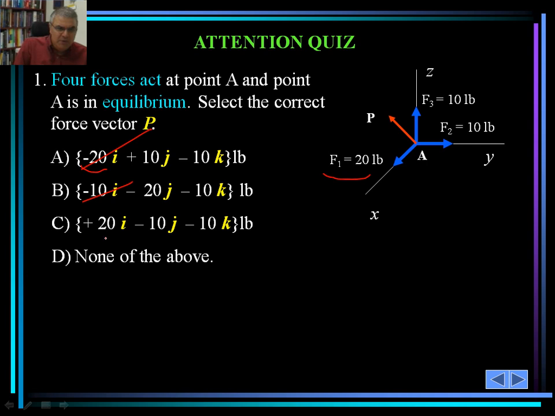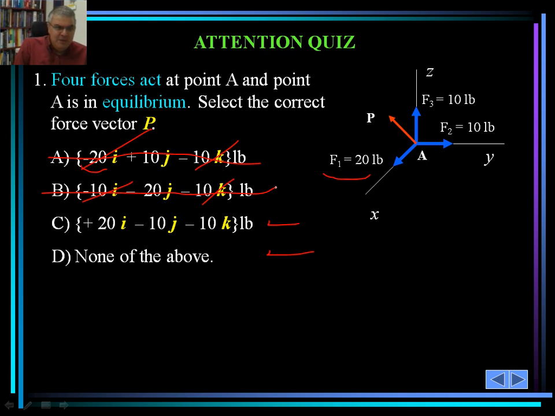What about the J component? So let's say we're only left with two more answers, right? So these two are out. Both A and B are out. So we end up with two more, C and D. C, 20I minus 10J minus 10K, excuse me.